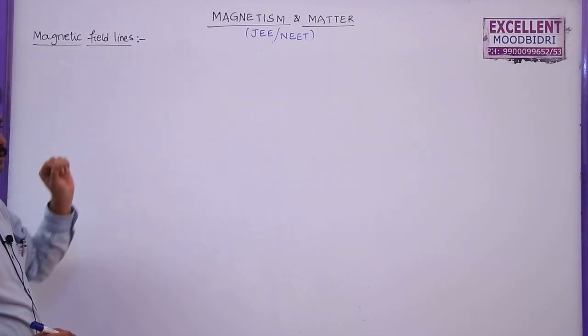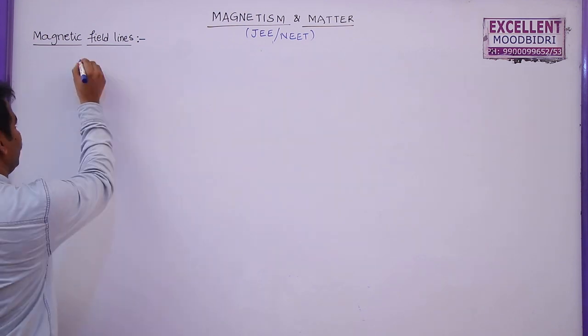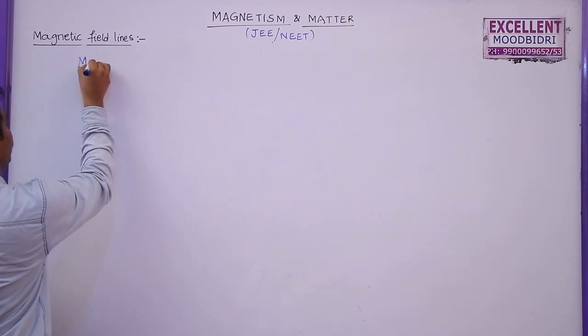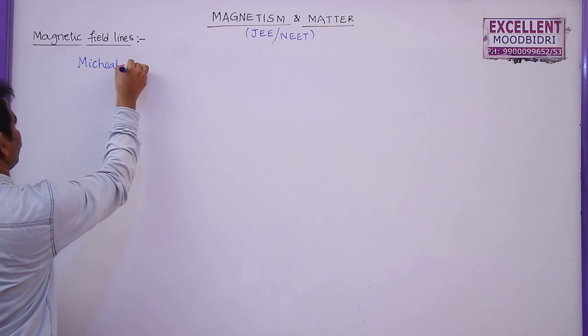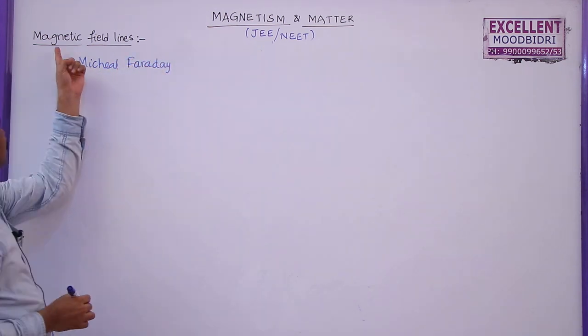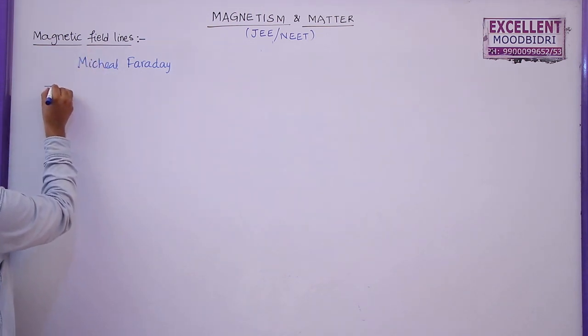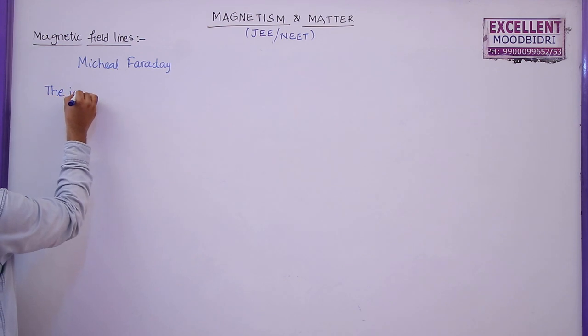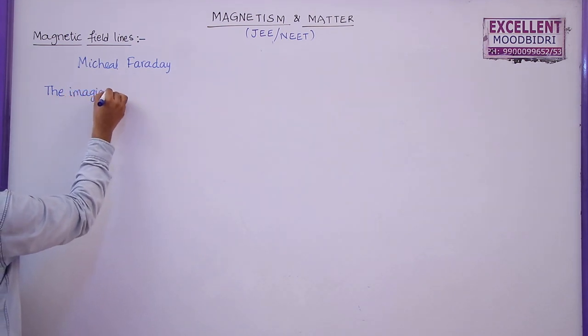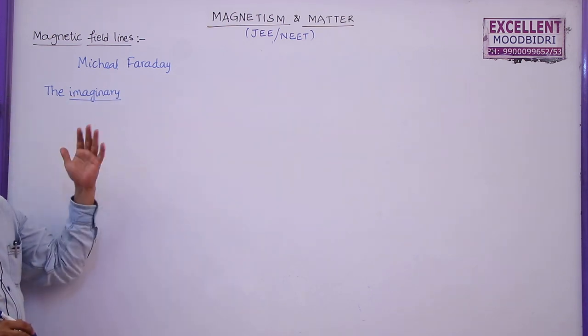Magnetic field lines. To visualize the magnetic field graphically, Michael Faraday introduced the concept of magnetic field lines. So what are these magnetic field lines? The imaginary lines, remember these are not real lines. In reality, these lines do not exist.